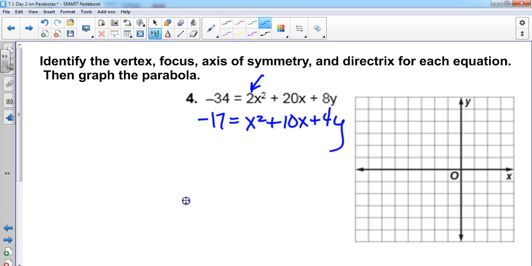Next week, we're not going to be able to do that sometimes because you're going to have to factor out the x. There's going to be x squareds and y squareds, and they won't have the same coefficient. But we'll get there when we do ellipses.